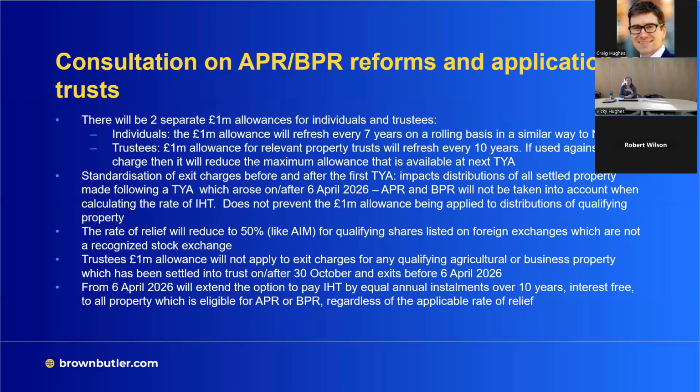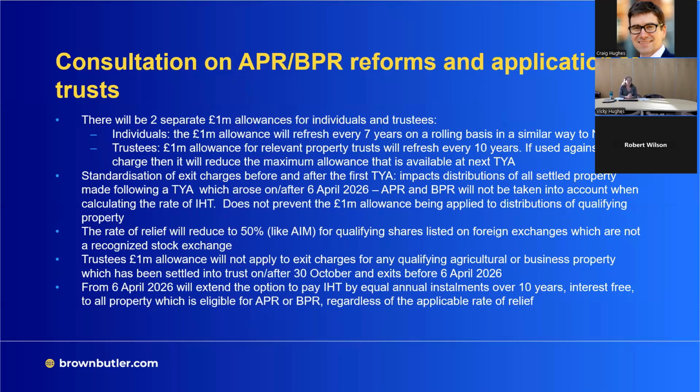Now, that doesn't mean that the £1 million allowance can't be applied to the distributions out of the trust such that their value might be reduced to zero. What that's making sure is that the rate is the highest it could be for HMRC, and so they're basically diluting the benefit of the agricultural property relief and business property relief for the trust's exit charges.